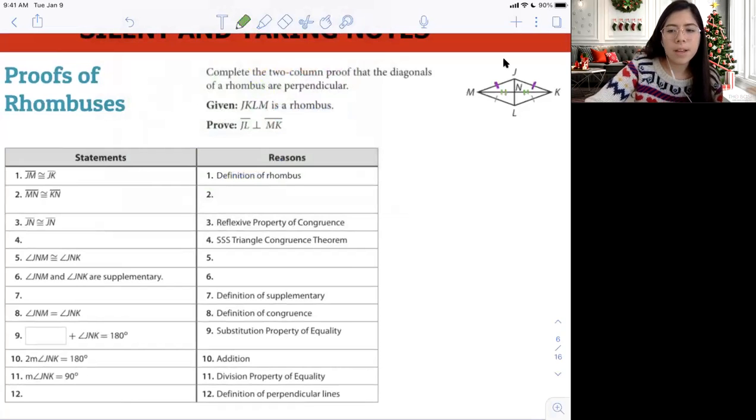Now, why might that be? Isn't that the diagonals? So it is referring to those diagonals. But what properties or theorems or definitions or anything do we know that could help us to prove that that is the case?